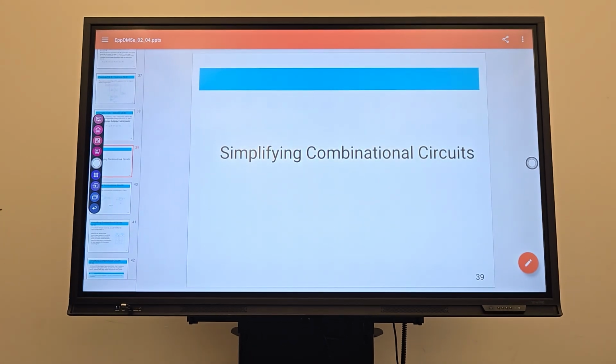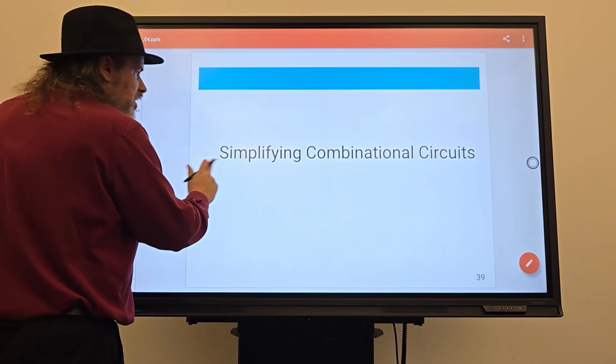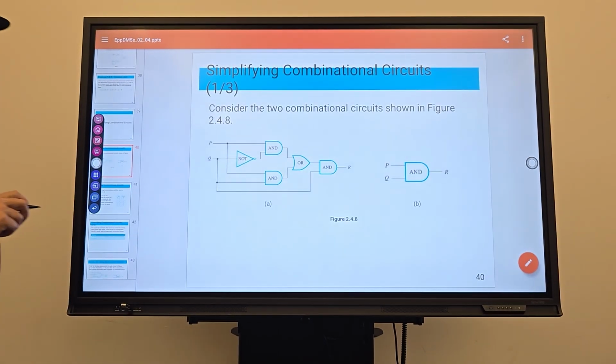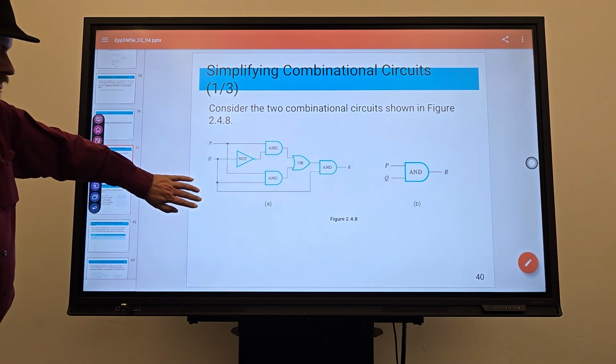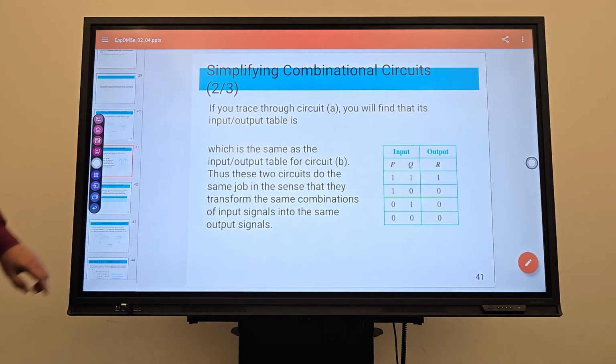Simplifying combinational circuits. Consider the two circuits shown here. Are they the same or are they different? Well, if you trace through circuit A, you'll find that its input-output table is right here, which is the same input-output table for an AND gate, which was the second circuit.